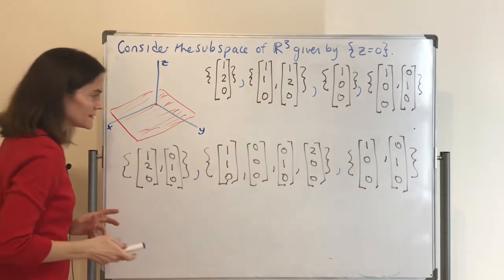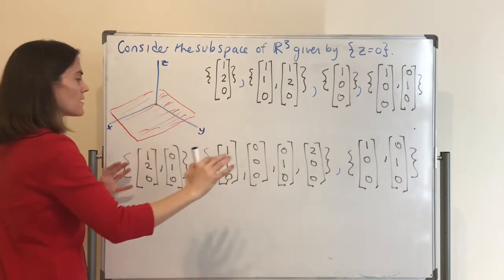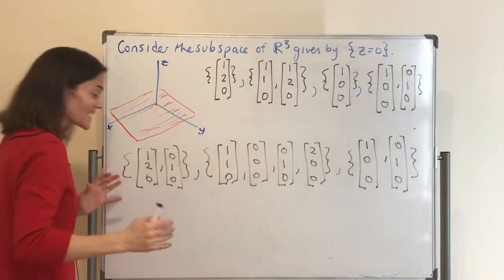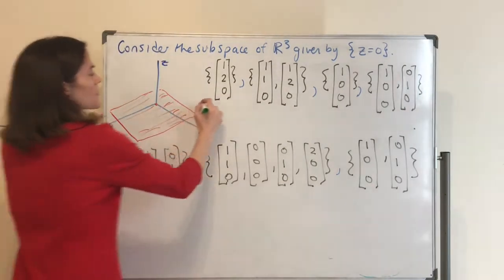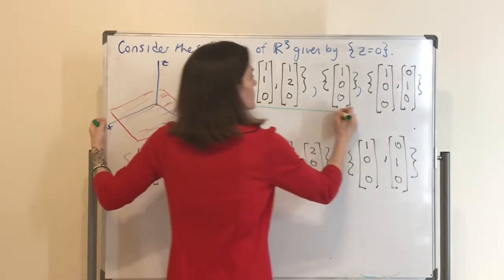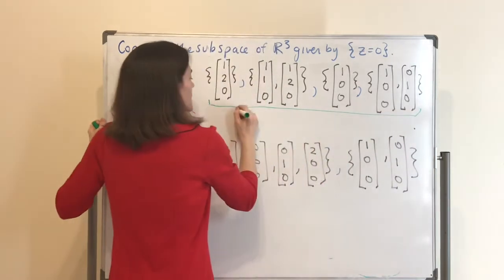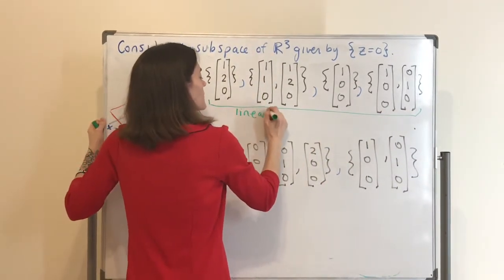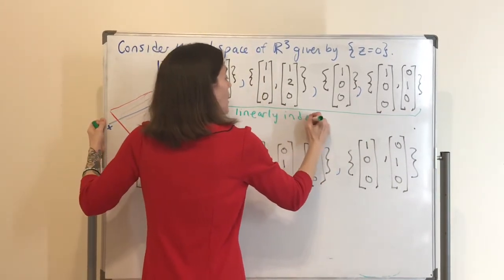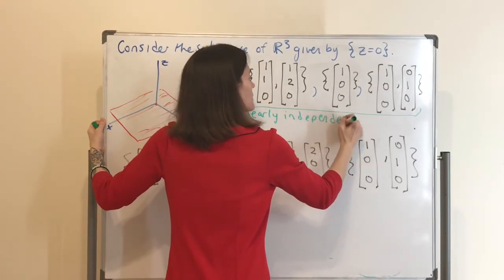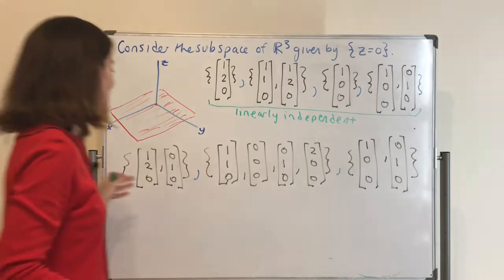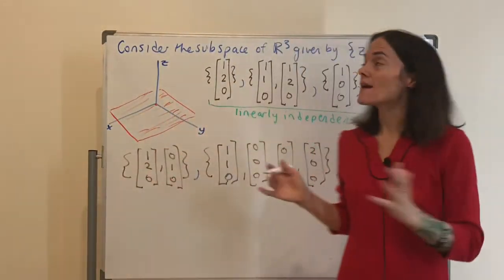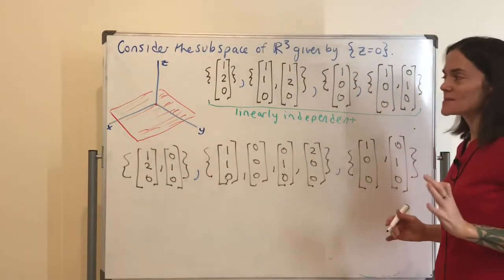Okay, I have these different groups, collections of vectors, because I want to make some comments. All the ones up here are linearly independent. And I will also say, unless I made a mistake, I don't think I did, every vector you see on the board is in fact in this subspace.